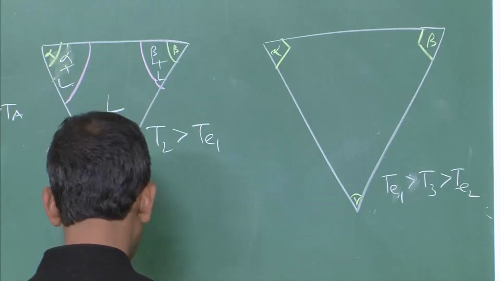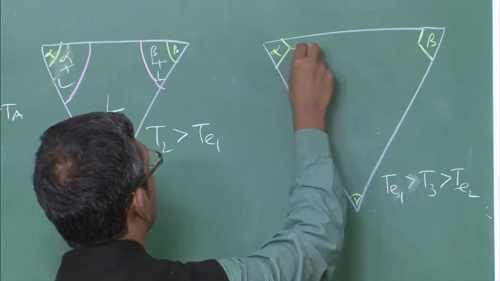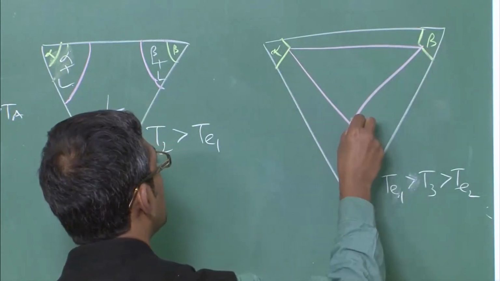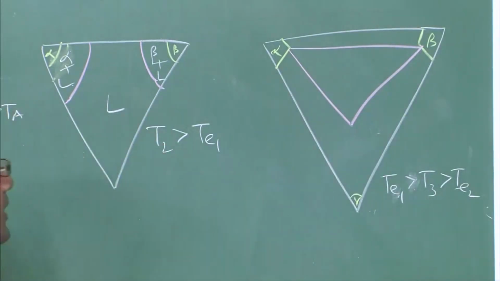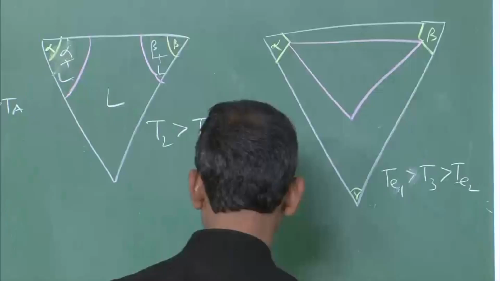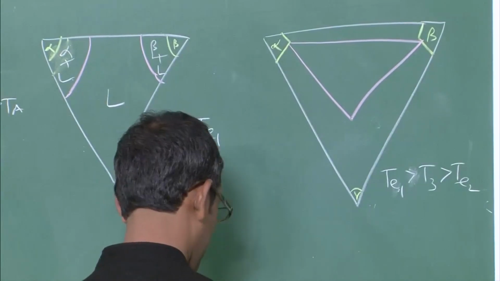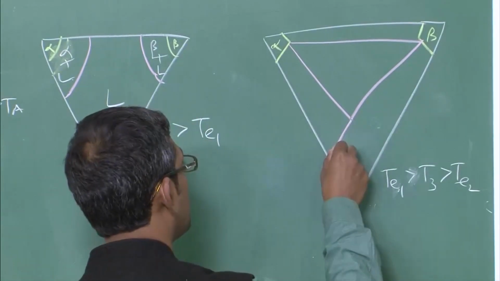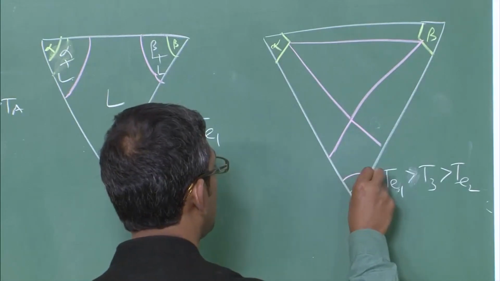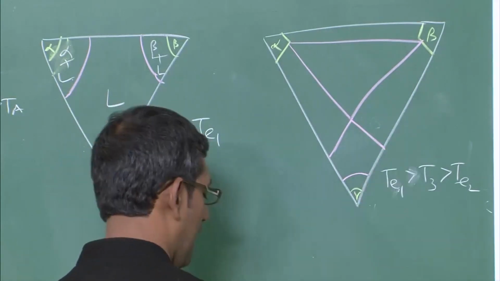Then what you are going to have is a triangle. This triangle is a feature of three phase equilibria between alpha, beta and liquid, and obviously you will have other things like this one and this one, which is as usual.